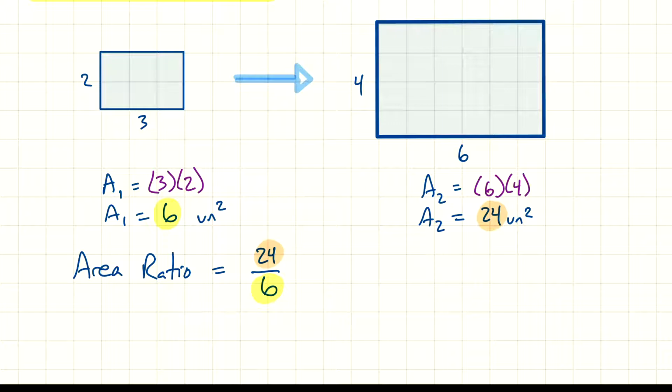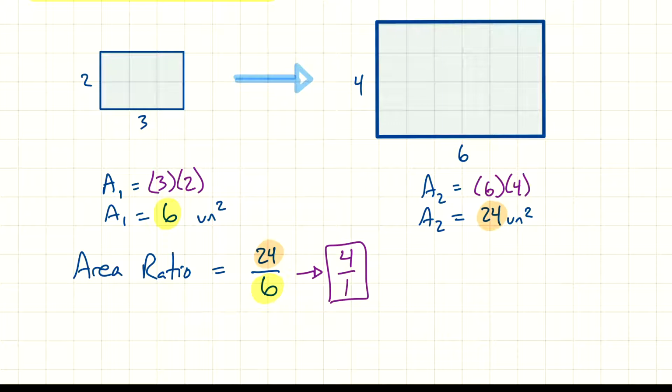All right, so what is the area ratio? Well, 24 over 6, we want to try to reduce it. In this case, I believe it does. So this reduces to, I believe, 4 over 1. With the linear ratio, it was 2 over 1, and it was twice as big.